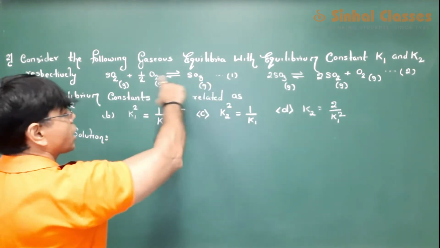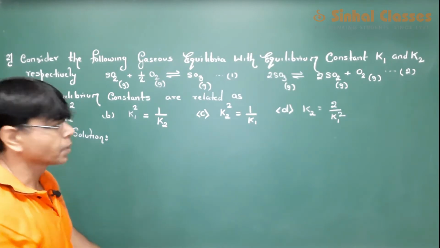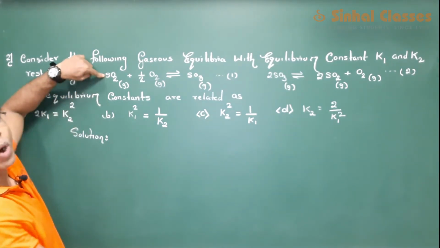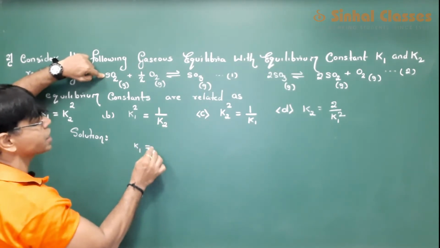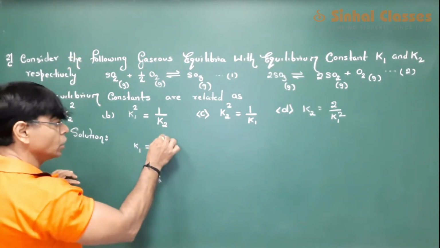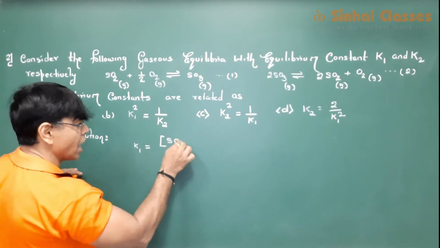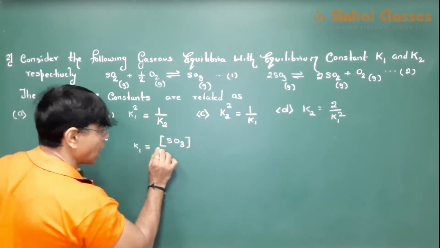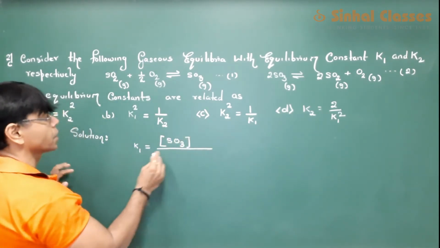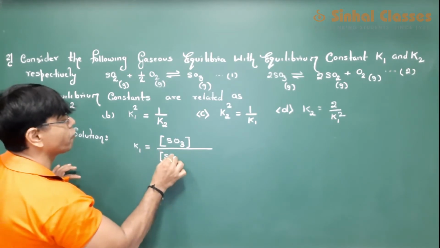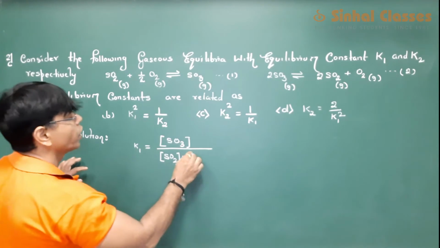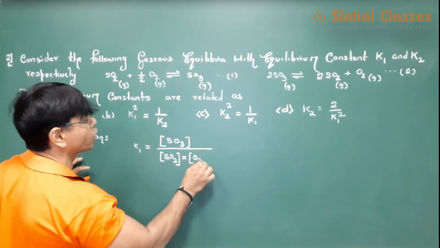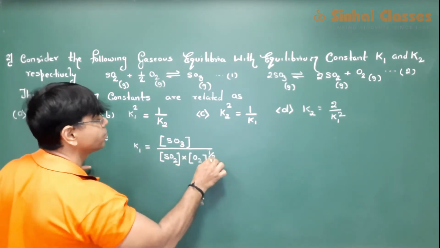Let us take equation number 1, for which I can write K1 is equal to concentration of SO3 upon concentration of SO2 into concentration of O2 raised to half.